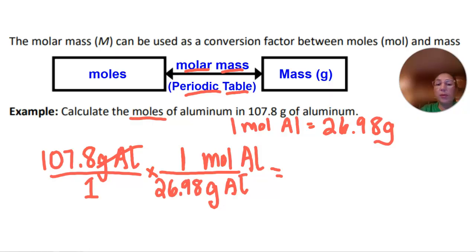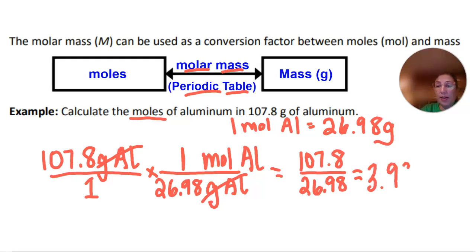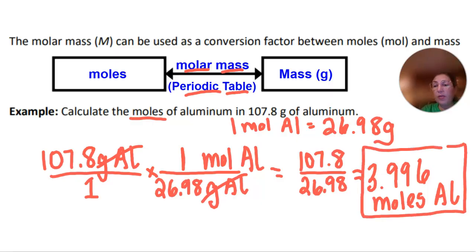Okay, so the grams of aluminum just cancel. 107.8 times 1 is just 107.8. 26.98 times 1 is just 26.98. And we divide 107.8 by 26.98, and we get 3.996 moles of aluminum. So that's how we can use molar mass to convert from grams into moles.